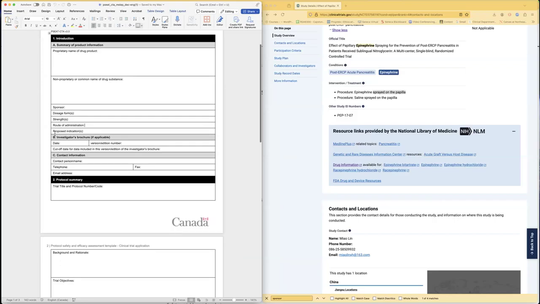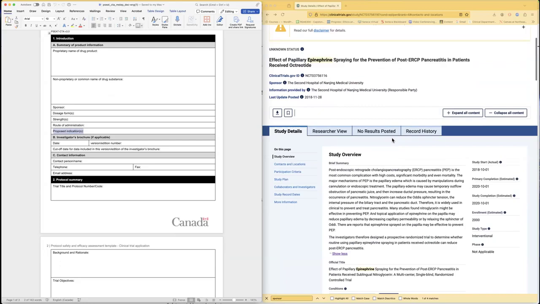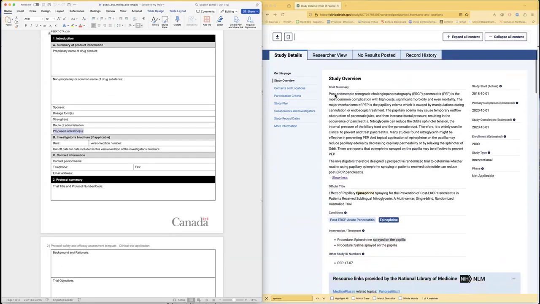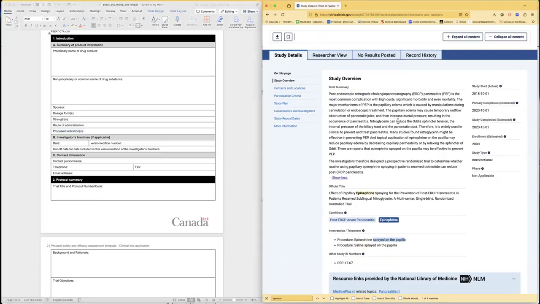Then, talking about the proposed indication, we are looking into the indication. We are going to read the study overview and see why we are using this product. So we are going to find out the indication for epinephrine in our case, which is a spray. Okay.